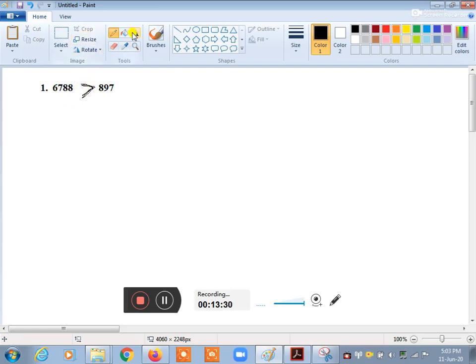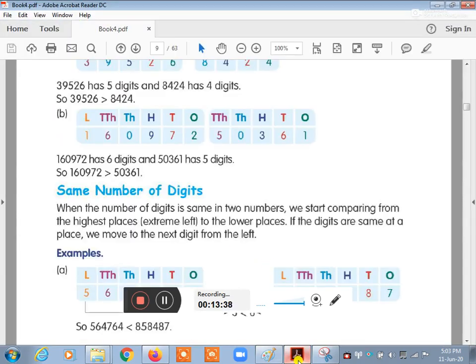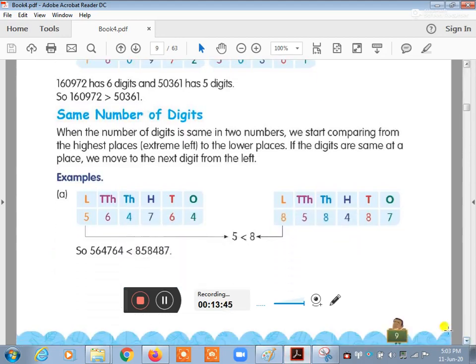So now the second rule. We'll see the second rule. What is the second rule? Same number of digits. Okay, if we have the same number of digits on both sides, for example a 6-digit number and a 6-digit number, so both numbers are 6-digit numbers. So we have to compare from the left side of the number. Here the left side of the number is in the lakh place.